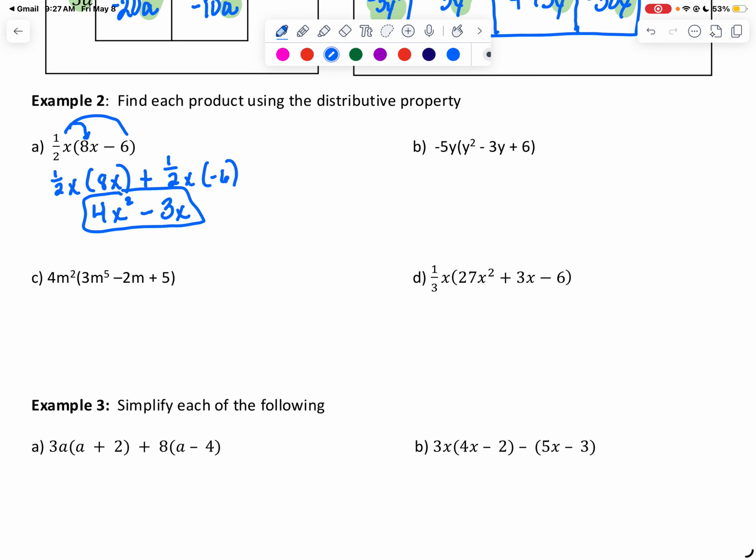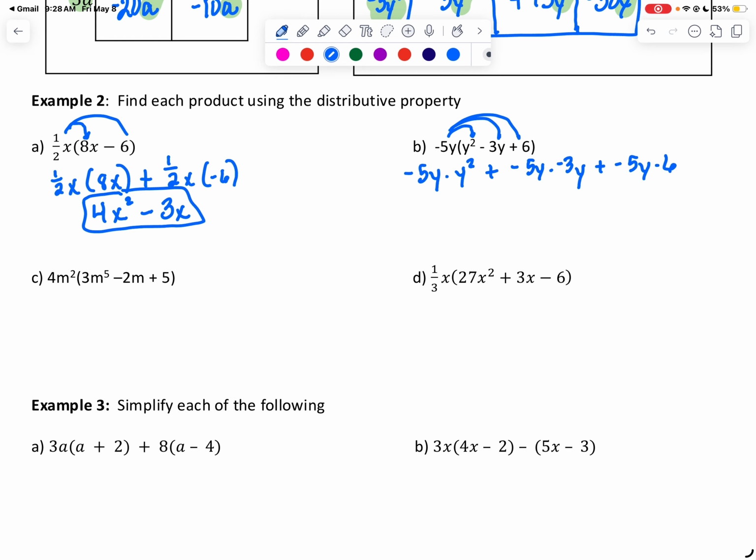All right, problem B. We have negative 5y times the quantity y squared minus 3y plus 6. I'm going to take negative 5y times y squared, and then negative 5y times negative 3y, and then negative 5y times 6.